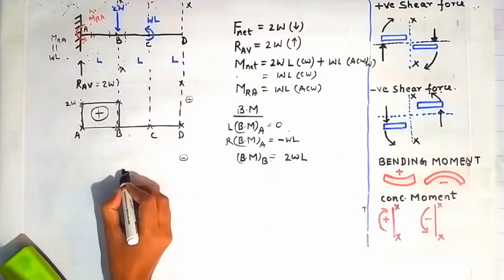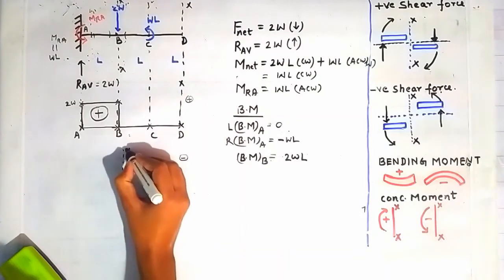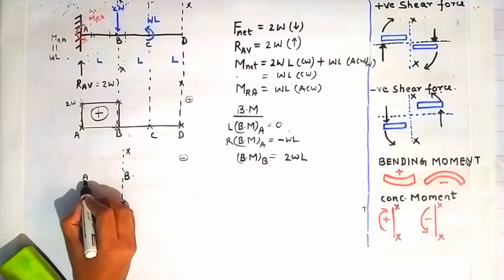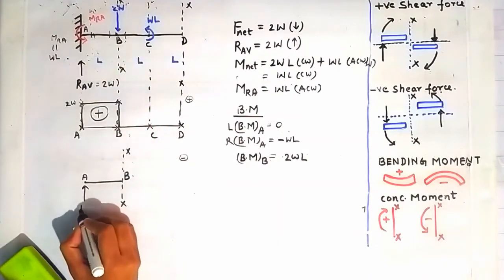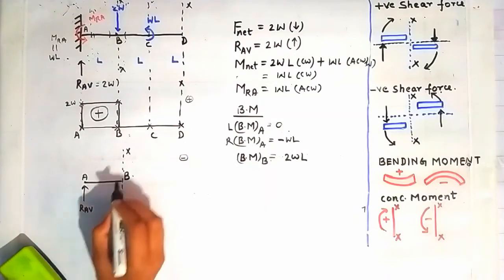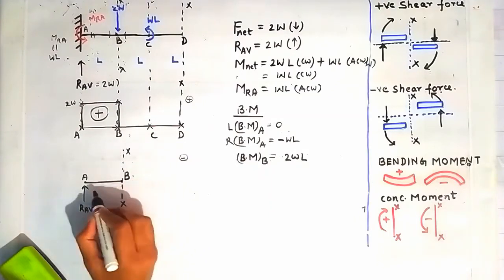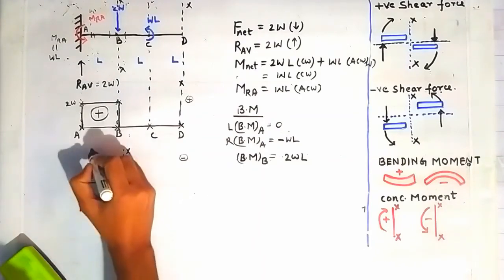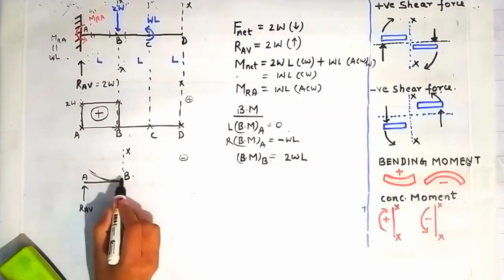Suppose this was our point B, and the section XX was passing from here, and this is the point A of the beam, and this was our reaction RAV. Now this RAV is trying to rotate this beam element in the upward direction. So it will create a bending like this of this beam element AB.